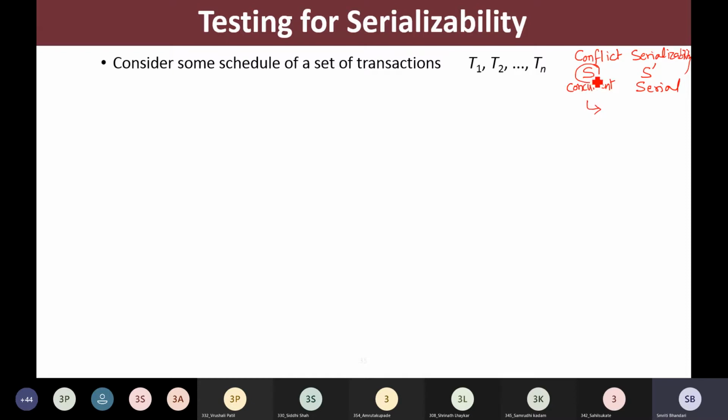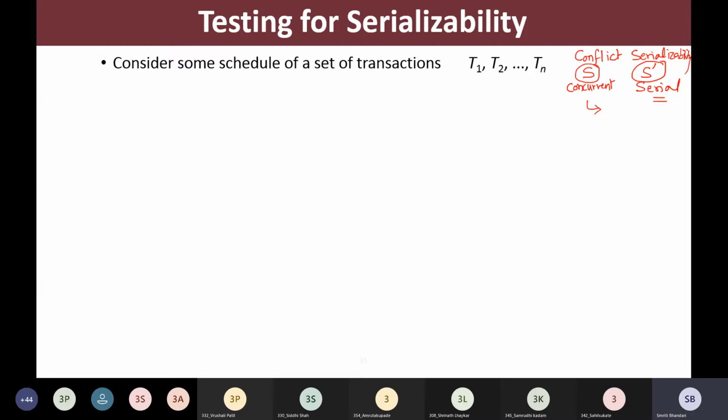If it is possible for me to follow the rule of conflict serializability, and by swapping the non-conflicting consecutive instructions to come up with an equivalent schedule, say S dash, which is a serial schedule, then we say that this original concurrent schedule S is conflict serializable.